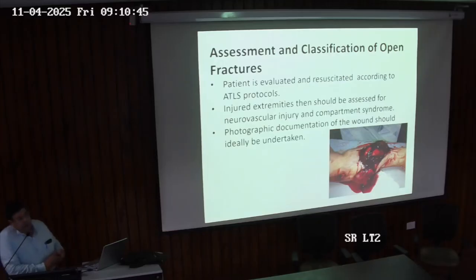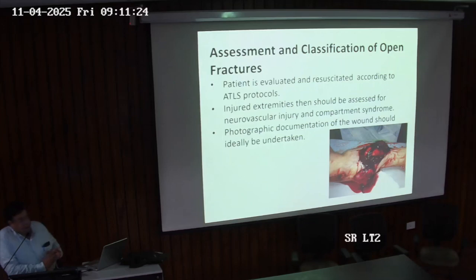So, assessment and classification of open fracture. As you know, fracture is a traumatic injury, and do you know ATLS, Advanced Trauma Life Support? So if the patient has systemic involvement, then it is managed as per ATLS guidelines: airway, breathing, circulation, then disabilities.